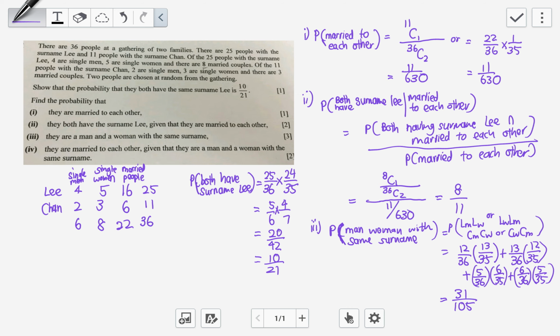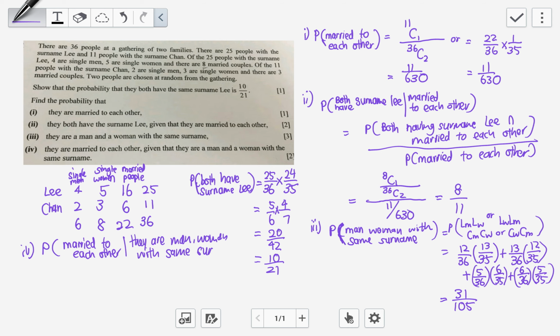Okay, so how about part 4? The probability that they are married to each other, given that they are a man and a woman with the same surname.